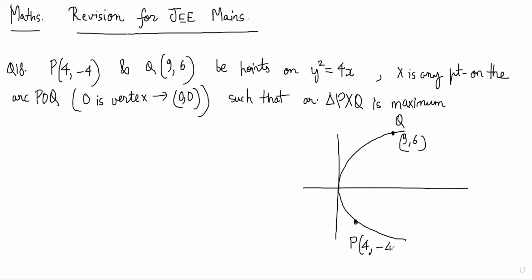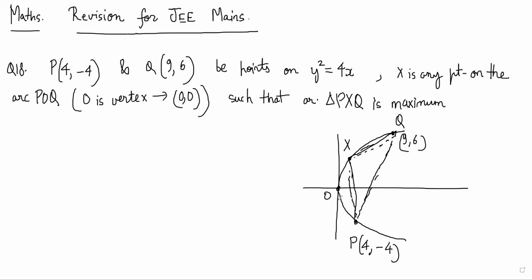O is this point. You have to find x such that the area of triangle PXQ is maximum. So x can be somewhere, let's say, here. This area is maximum, right? Okay.